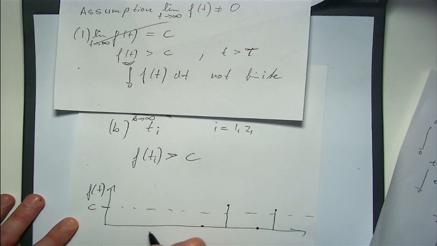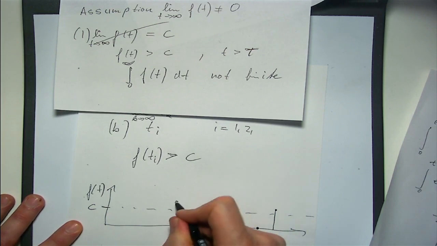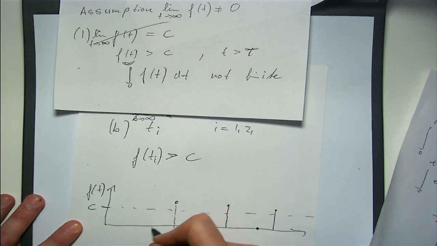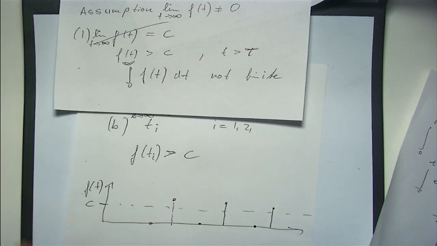Okay? If f of t is not converging to 0, then at some point we need to be larger, and at some point smaller. Because we're not converging to 0.